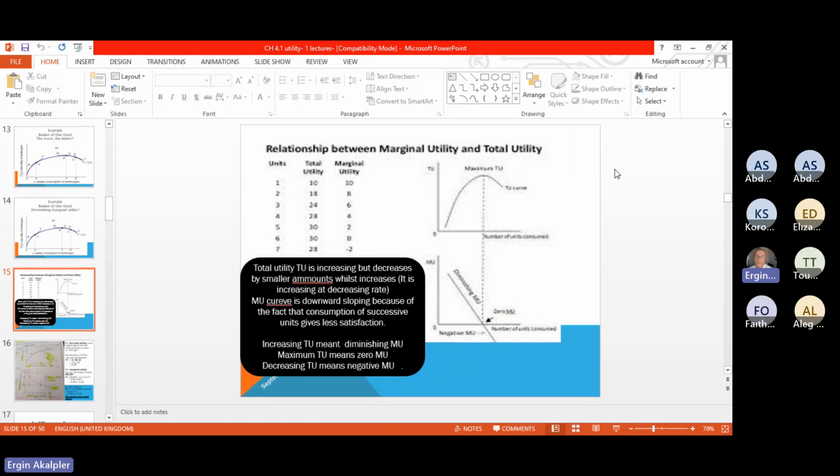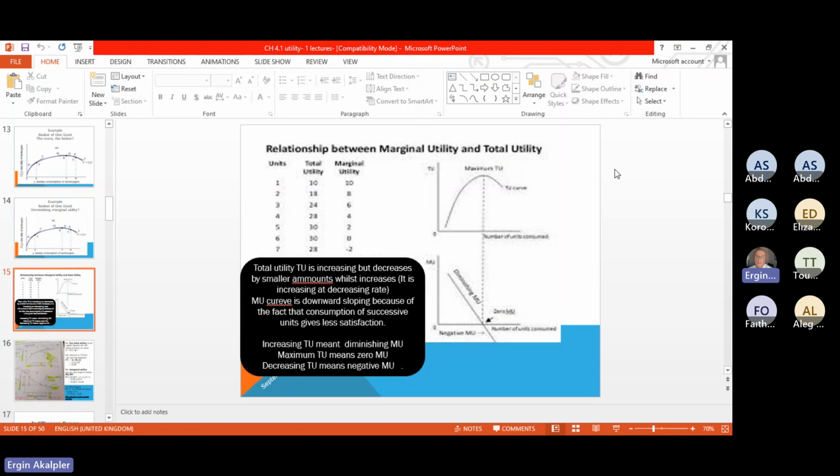Then you got this curve, and you are observing here the total utility on the y-axis and marginal utility on the below curve y-axis, and the number of consumed goods or whatever it is given on the below x-axis. And as you see, this utility function goes to the maximum point where the marginal utility intersects and goes to the negative in this example.